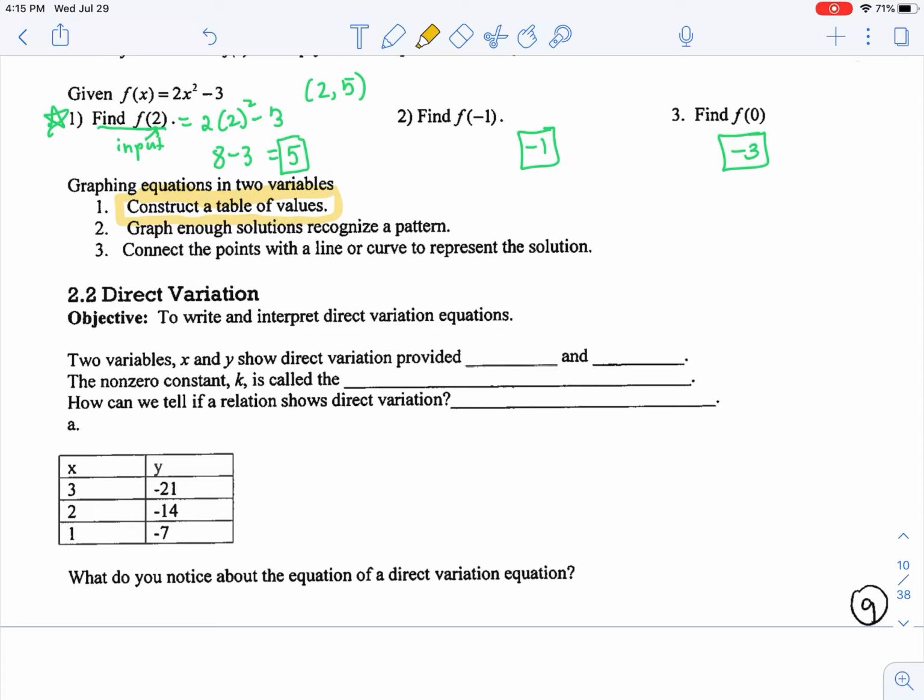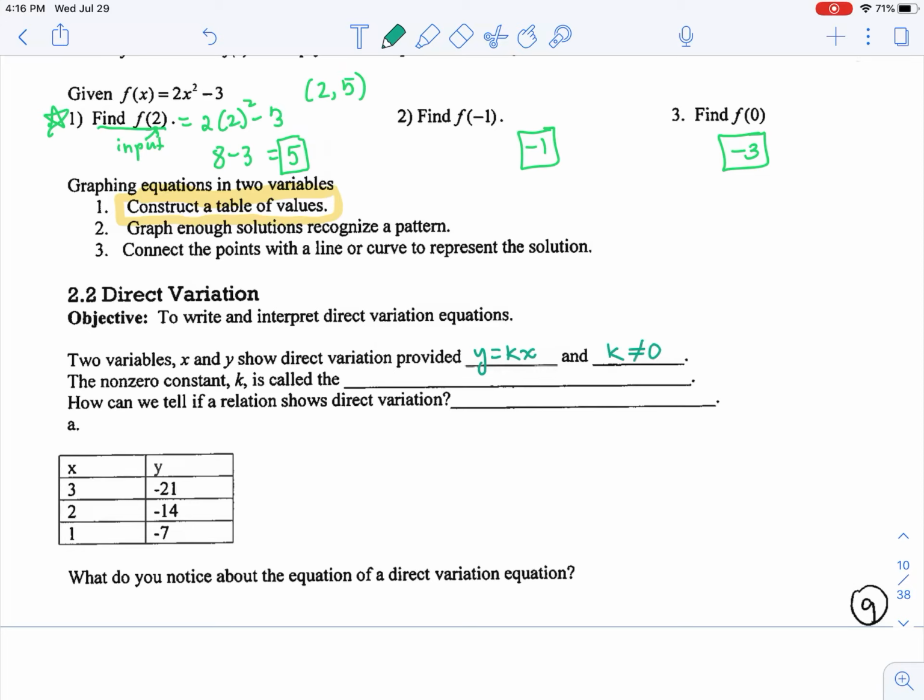So two variables, x and y, show direct variation provided you have this relationship where y equals k times x.